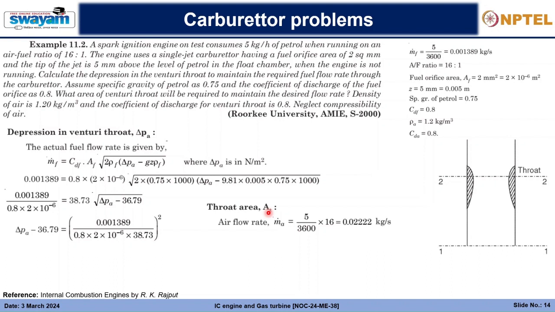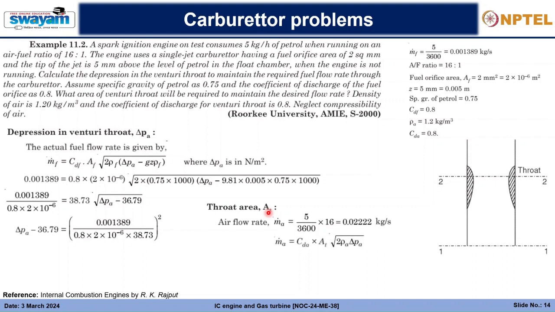The throat area can be found from the air flow rate. For the air flow rate, we use the stoichiometric ratio 16 is to 1: we multiply the amount of fuel by 16 and we get the air flow rate, which is 0.022 kg per second.